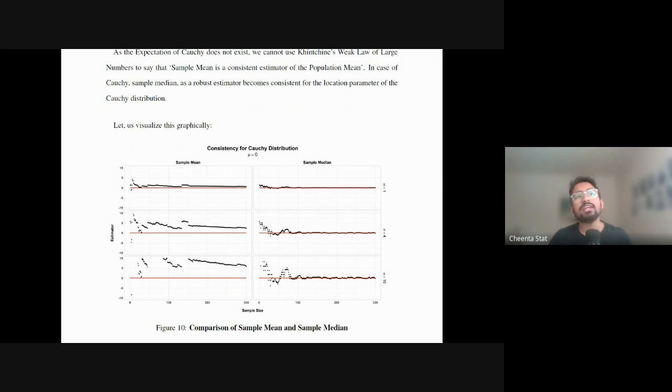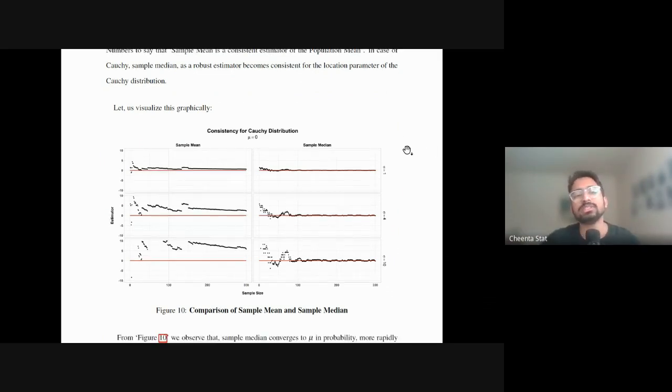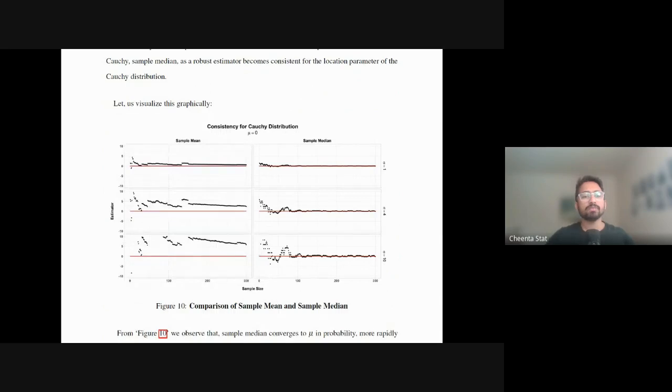So that the outliers do not affect the estimate of the location parameter, they are taking a robust estimator, which is the median. You can show that the median is not affected by outliers because it's taking the middle one. It's not looking at the values. Outliers are low in number, so they just get cancelled out. This is the basic idea of what a robust estimator means. And you can show that the sample median is a robust estimator consistent with the location parameter.